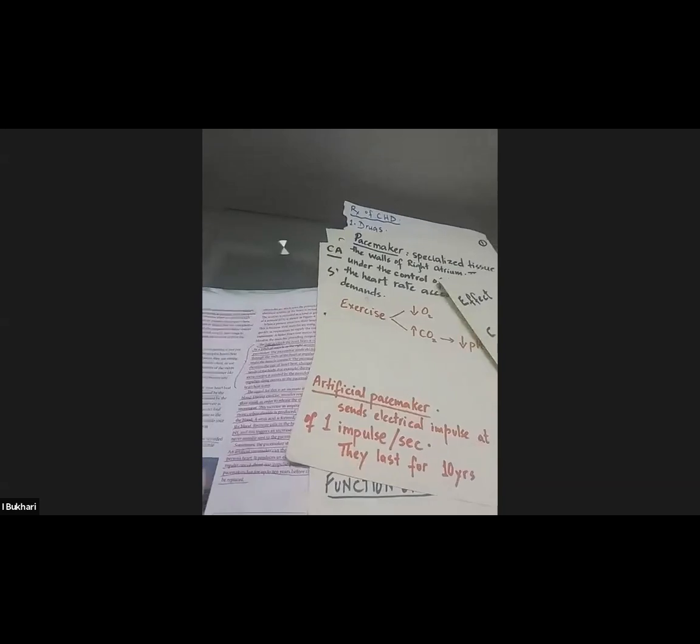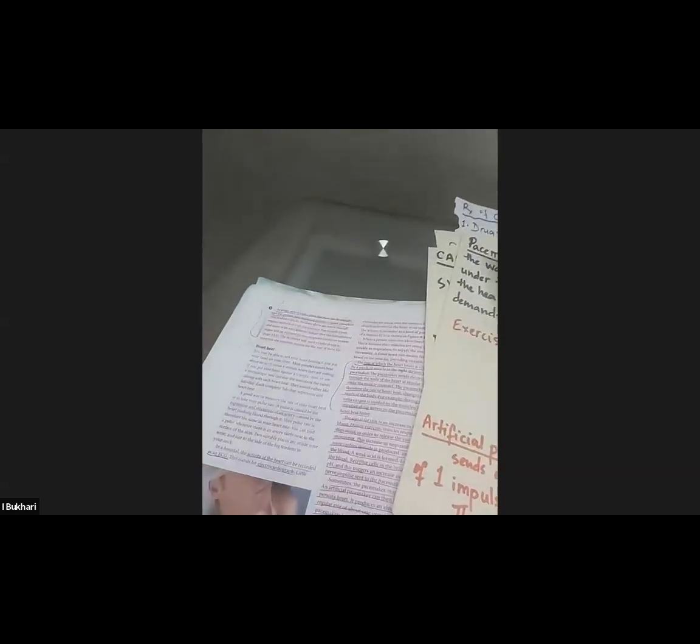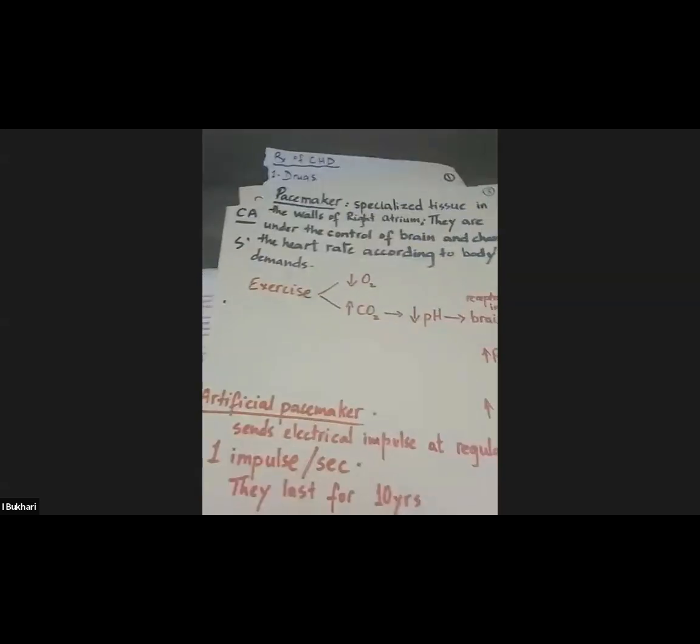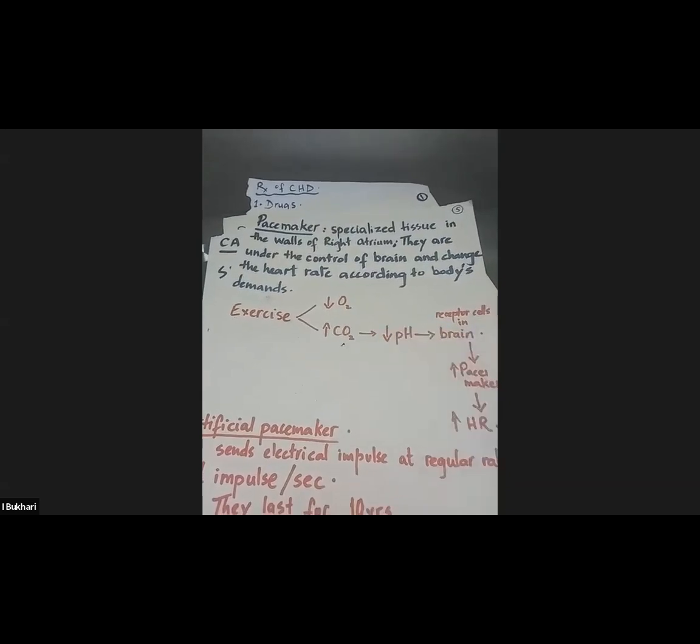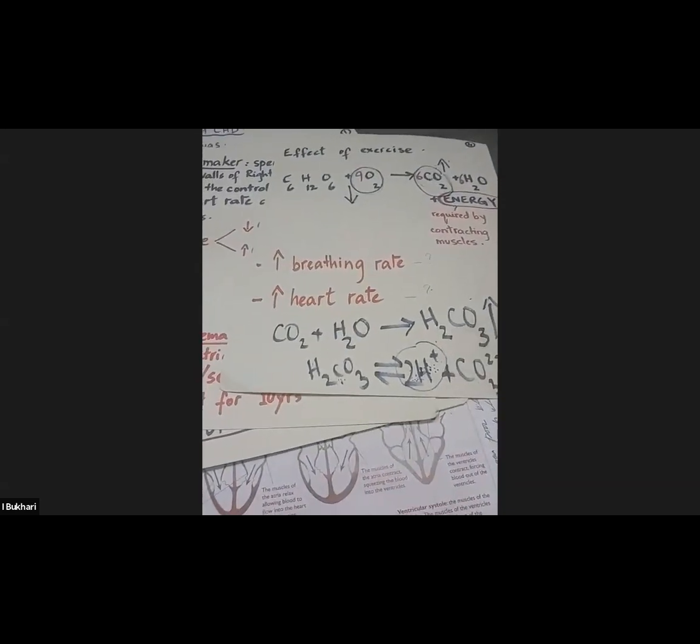Here, okay. So exercise causes an increase in the level of carbon dioxide in the blood. That produces carbonic acid, releasing protons or hydrogen ions. That decreases the pH of the blood.